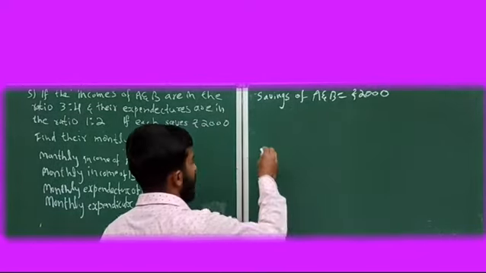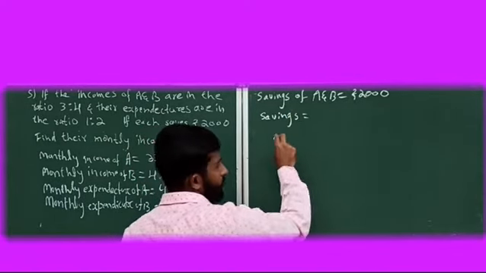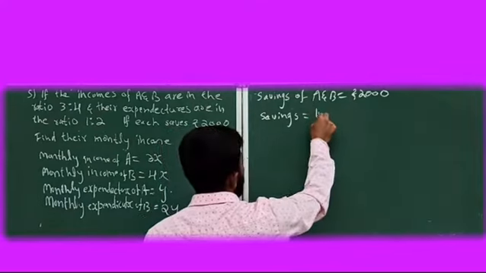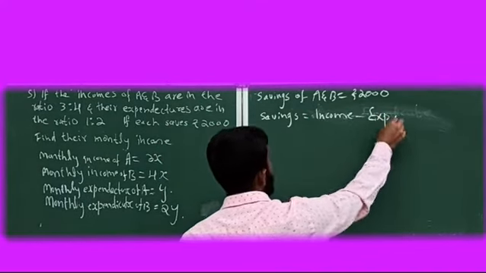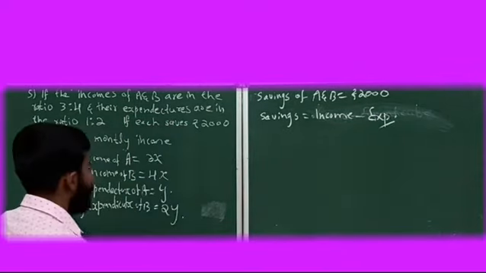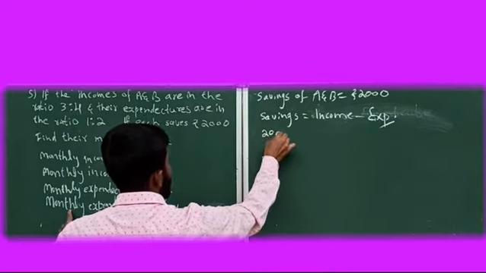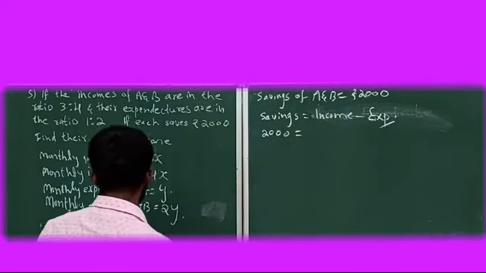Now use the formula, savings is equal to, what's the formula? Income minus expenditure. Okay, to find the savings of A, 2000. Okay, it's the savings of A, 2000 is equal to, what's the income of A?